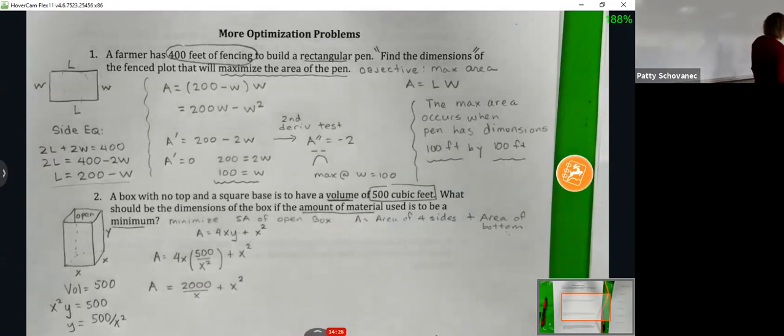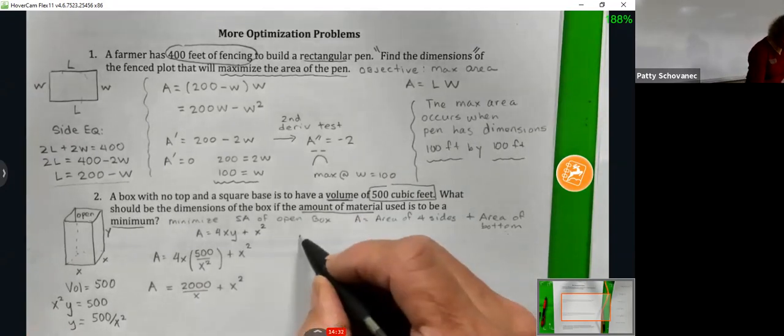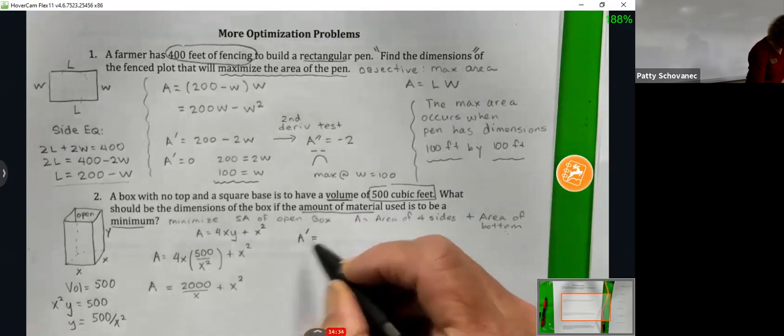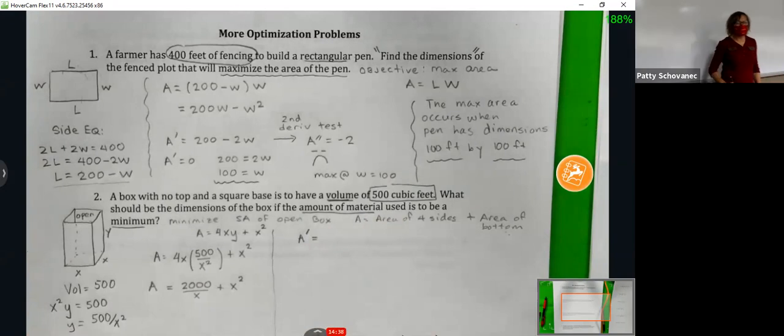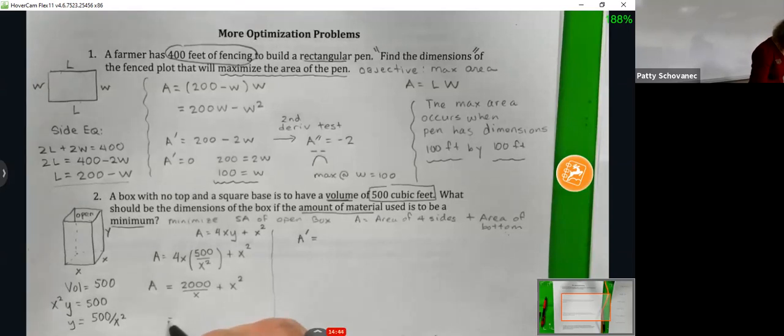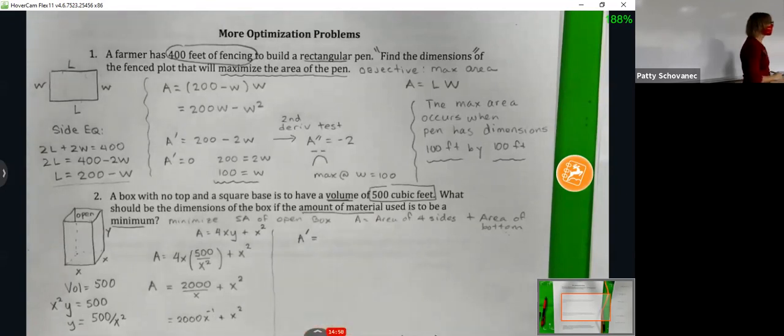The max or min occurs where the derivative is 0. So let's knock out a derivative. Can you take the derivative of 2,000 over x the way it's sitting there, or do you want me to write it as 2,000 times x to the negative 1? I had room to do it, so let's do it.